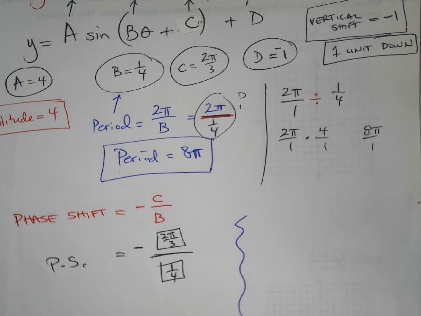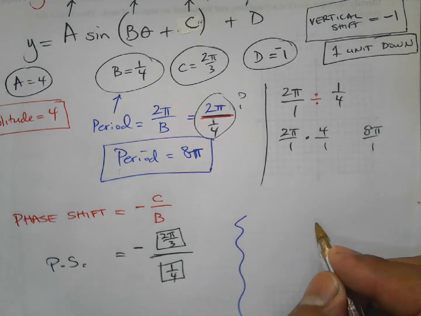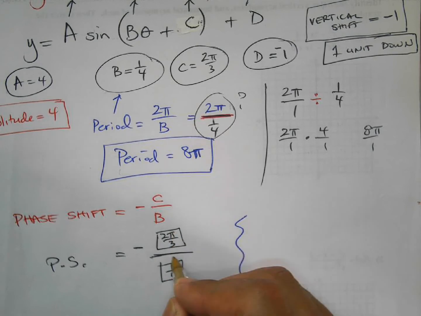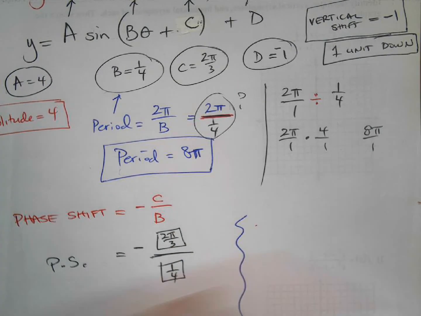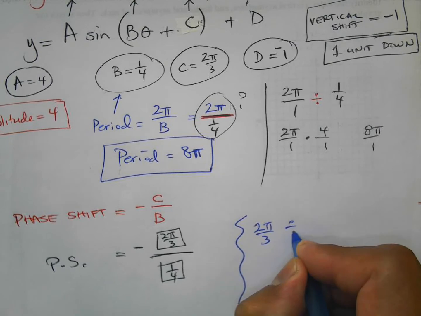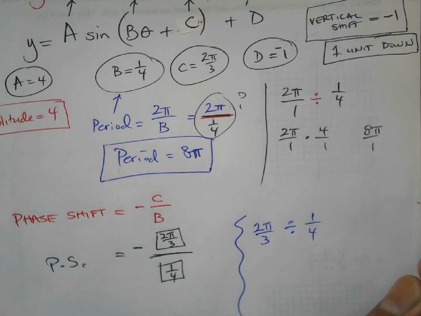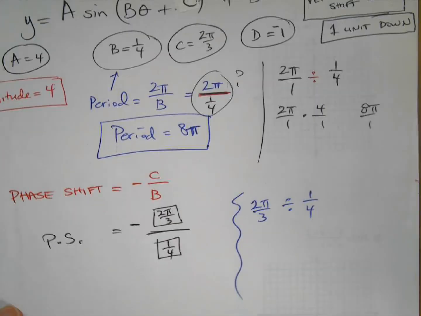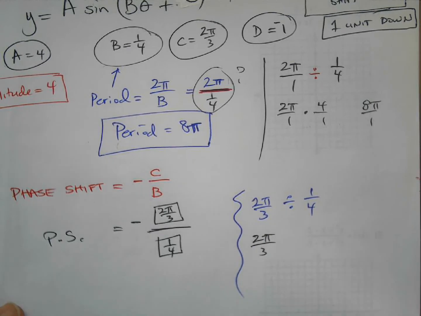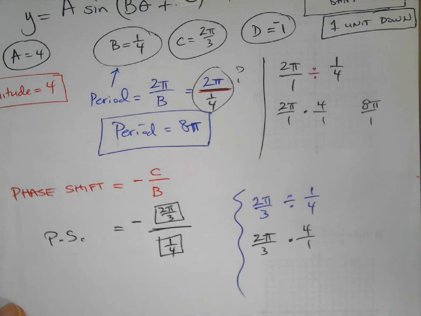It's the top one divided by the bottom one, 2 pi over 3 divided by 1/4. That will be 2 pi over 3 times 4 over 1.